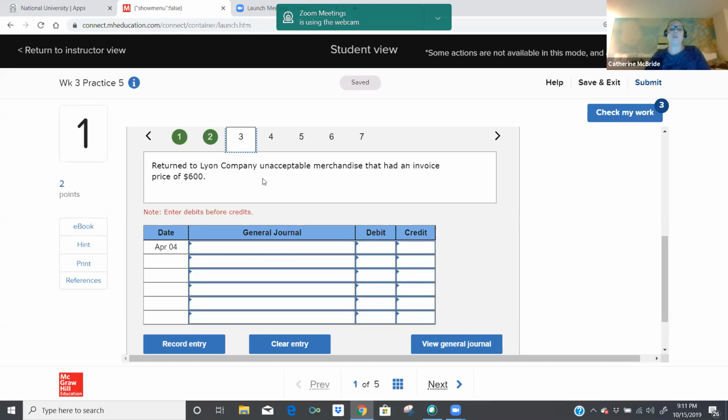We returned to Lion Company unacceptable merchandise that had an invoice price of $600. So of that $6,400, we returned $600 worth. And this is why I need that T account. So when I return it, I'm not going to pay them. So I'm going to debit the accounts payable for Lion by $600.